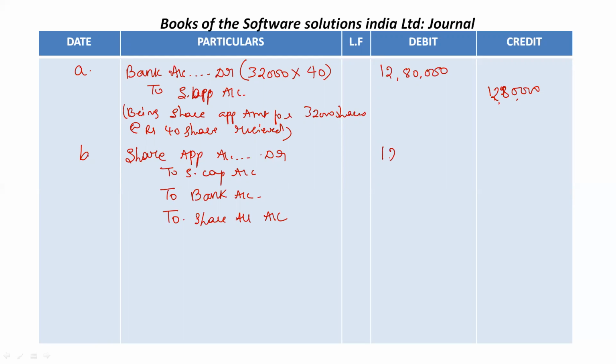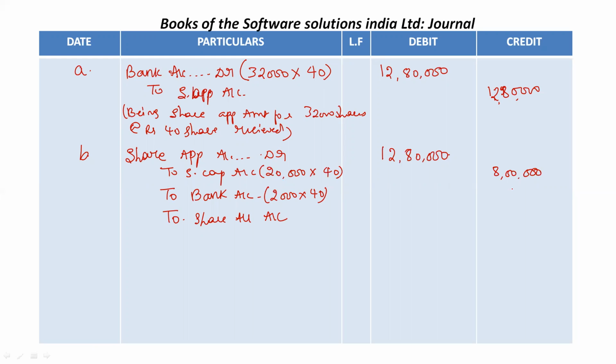In total, the company received 12 lakh 80,000 rupees out of applications. How much amount should be transferred into the share capital account? The company only wanted 20,000 shares to be issued at the rate of rupees 40, so the company only wanted 8 lakh rupees out of applications. For 2,000 shares, applications have been rejected. Their amount is refunded.